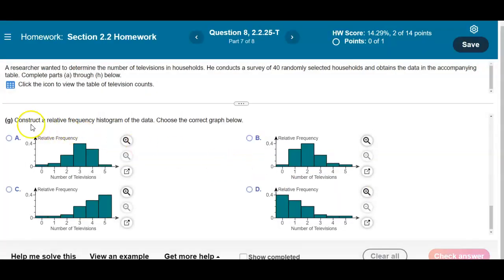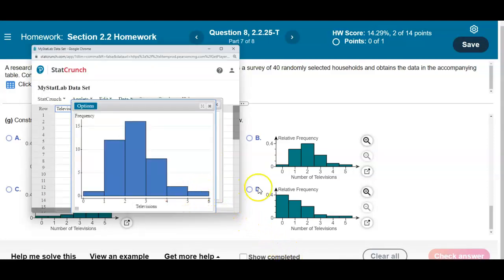Okay. Now it says to construct a relative frequency histogram of the data. So now the relative frequency histogram should look pretty much the same as the frequency histogram. The only thing that's different is that the y-axis is now going to be in decimal form because that represents the proportion. And so all we need to do is come in here and select options and select edit.